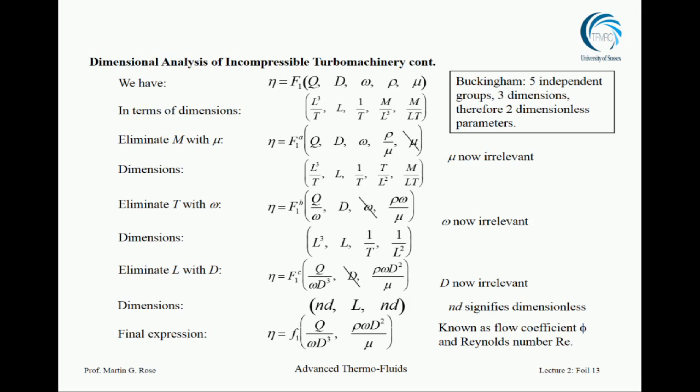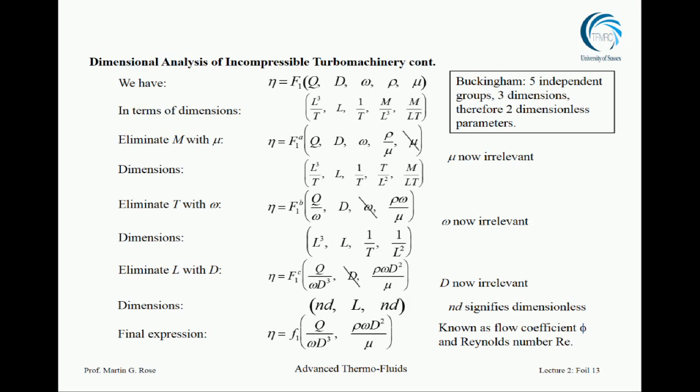We start off with the expression for the efficiency, which is F1 of those 5 variables. The next line down in the analysis, we write down the dimensions of each term, because we know that. So we have that the volume flow rate is volume per unit time, so it's L cubed over T. The diameter is simply a linear dimension, so it's L. The rotational speed is revolutions per second, so its dimensions are 1 over time.